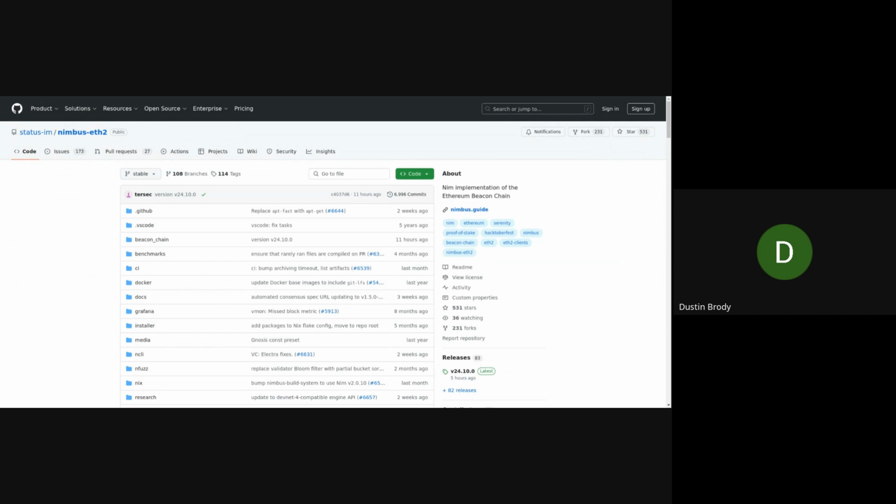Sure. The simplest high level way of looking at Nimbus, and this also affects how to plan an attack on it, is that it implements the consensus specs.